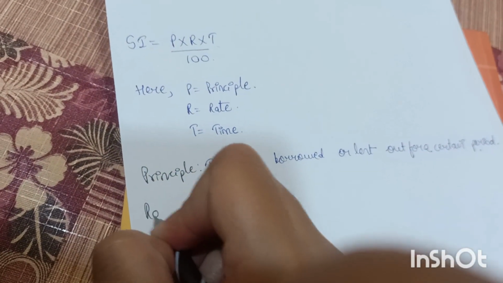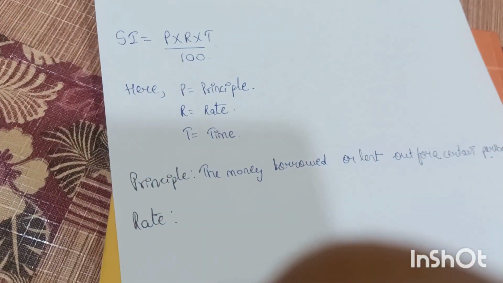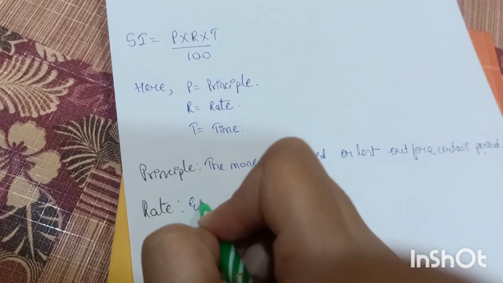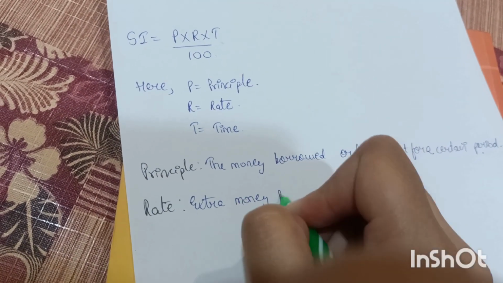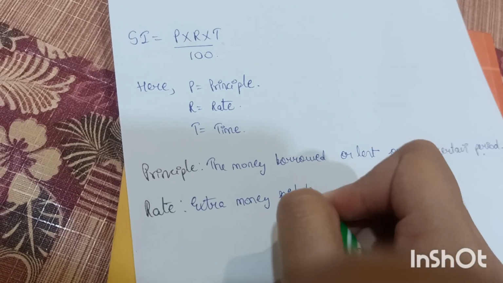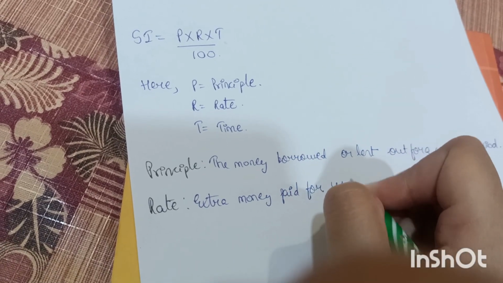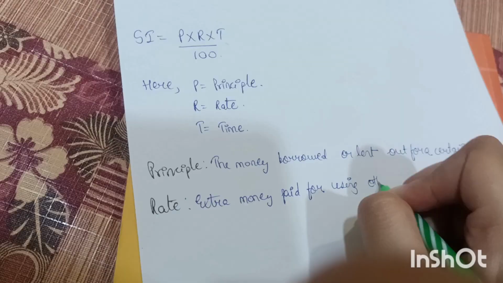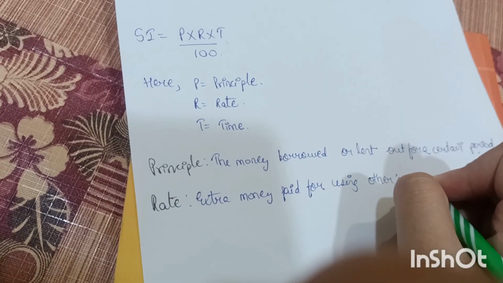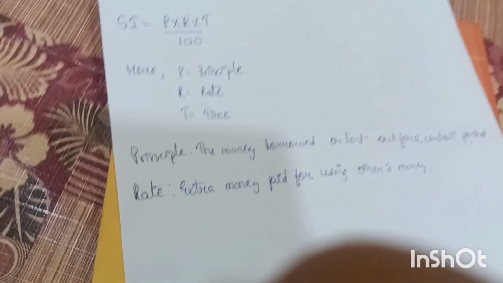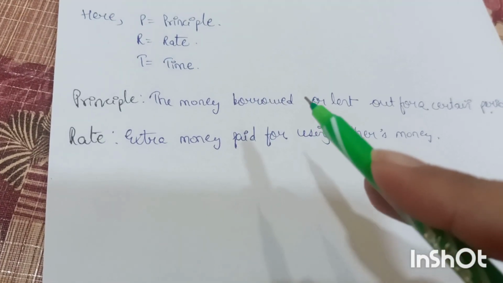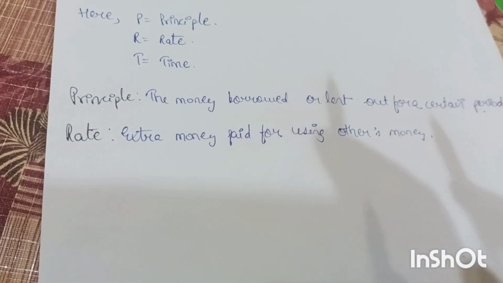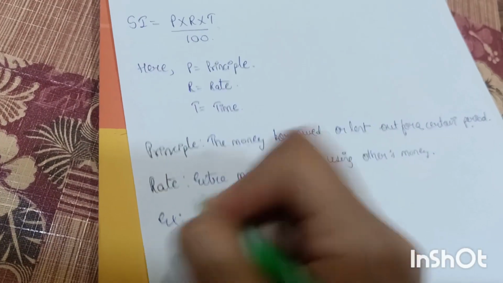And now let's see rate. Rate over here is extra money paid for using others' money. So let's understand rate through an example. So let's see that you have borrowed rupees 10,000 from bank. Let's write it. Example.